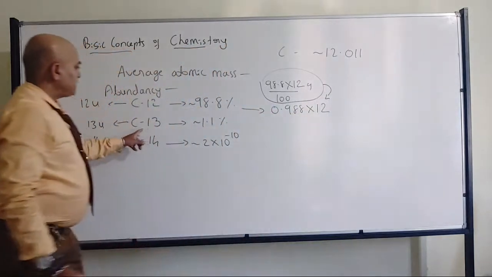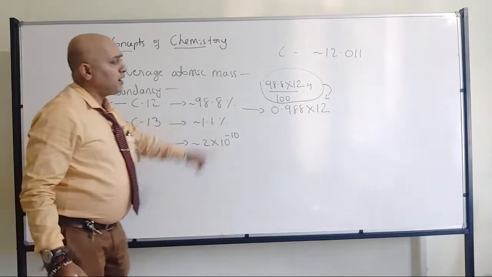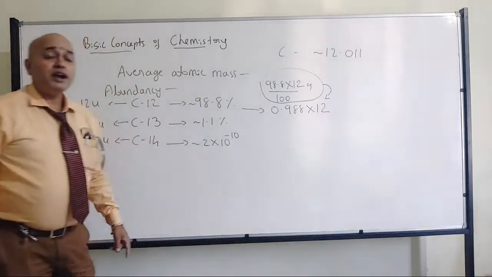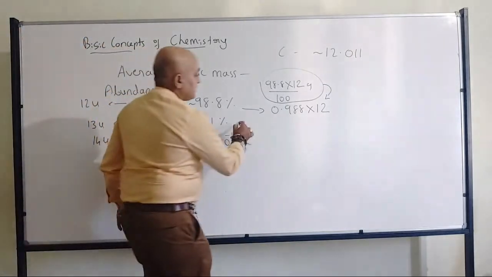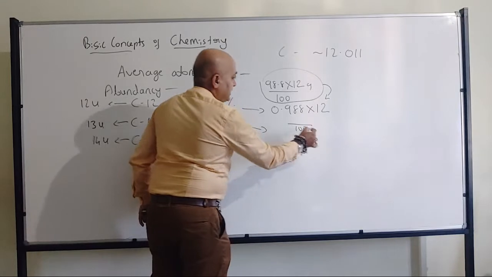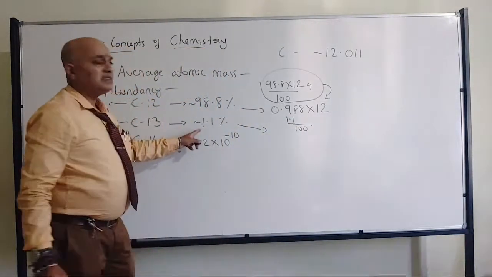Now I will come to the second one. What is the percent occurrence? It is somewhere around 1.1%. That means if I take 100 gram, I will get 1.1 gram of this one.